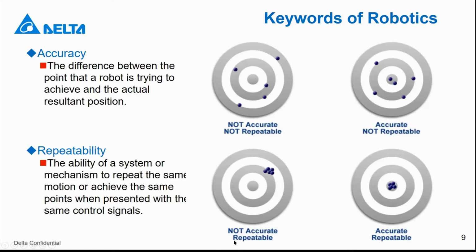So we say this is repeatable, because the robot can always go to the same point. In the last picture, you can see all the dots are on the target, and every time they land on the target. So we will say this robot is accurate and also repeatable.